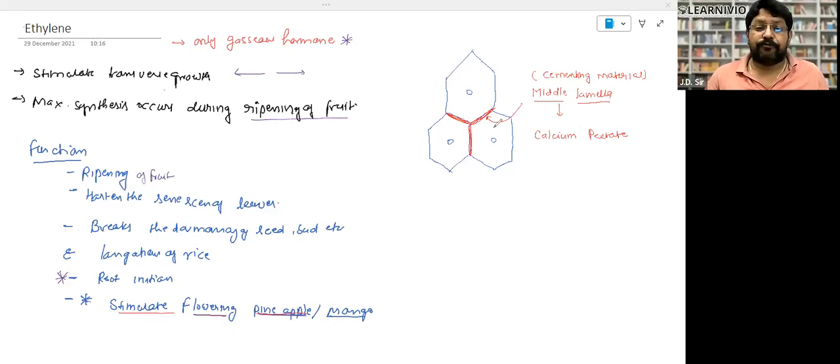When the food is unripe, the middle lamella will be present, and the calcium pectate will make the food harder. When ethylene is released and ripening starts, the middle lamella gets dissolved. The cementing material gets dissolved. That's why food becomes softer at the time of ripening.